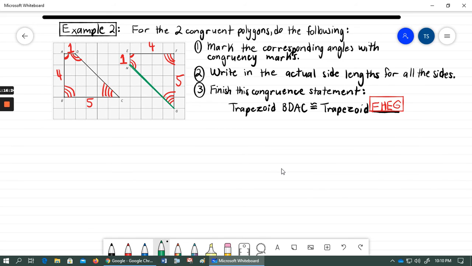Okay, so you see that side length there that I have marked. We talked about this before, how to find the distance and the length, both when we talked about the Pythagorean theorem and finding the distance in the coordinate plane using the distance formula.